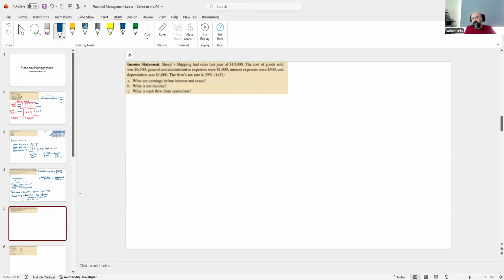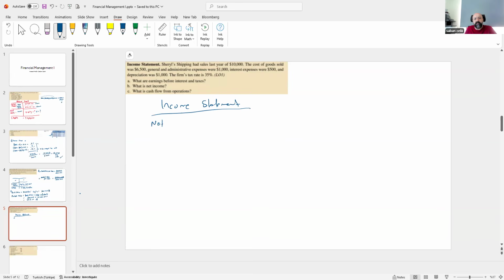Again, we have a problem about income statements. It asks us what are earnings before interest and taxes, net income, and cash flow from operations, which requires us to construct an income statement. So let's construct. Here we go.